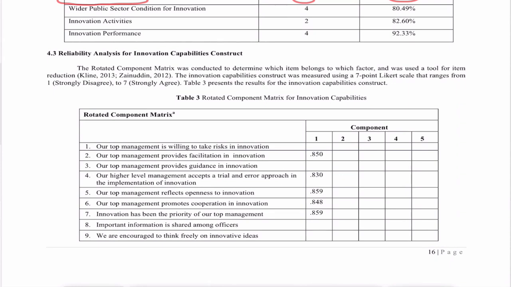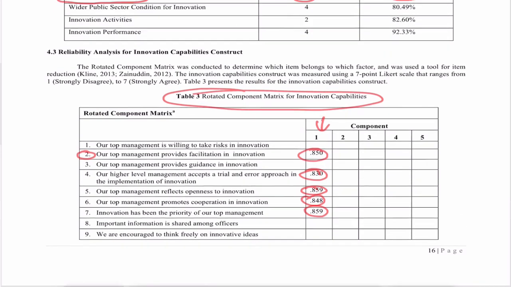Look at this one here, the 0.85. It shows that question 2 is loading onto the first factor. Then question 4, question 5, question 6, question 7. You can see it does not load on the rest of the factors or constructs. It loads on the first construct. It's called component here.